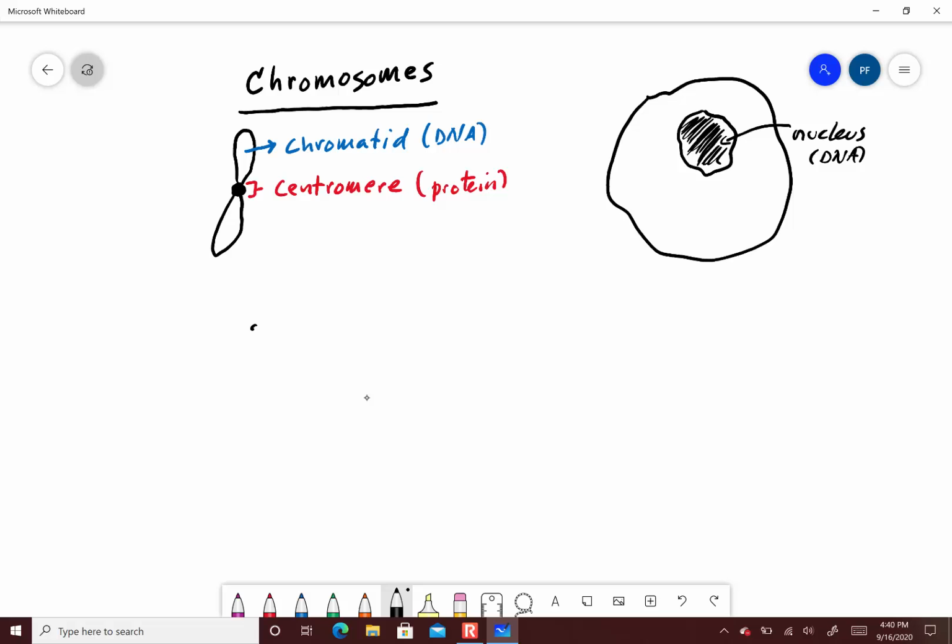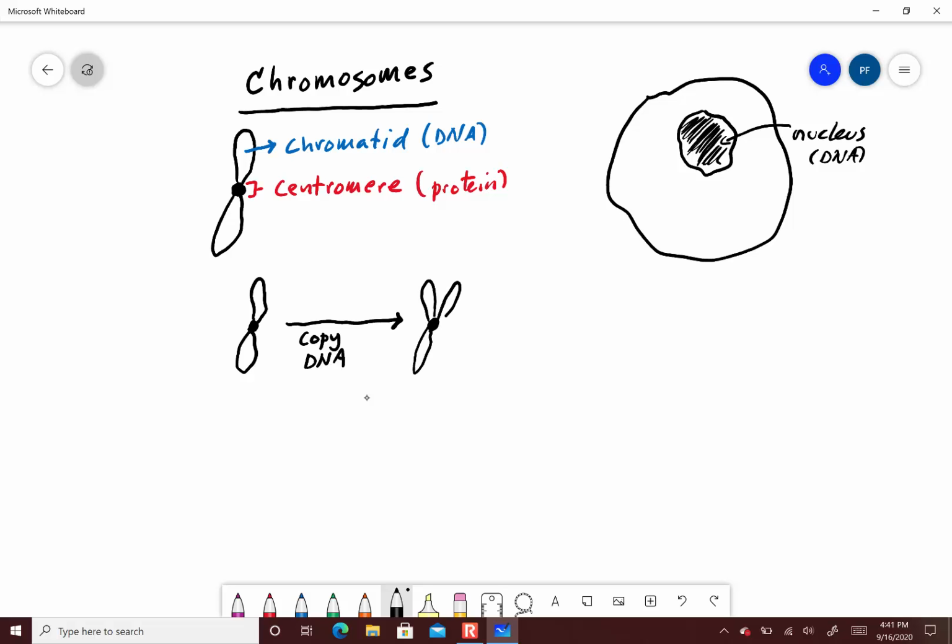Right, and then I want to show you real quick, because in cell division we're going to look at a step where we copy DNA. So very simply, from what I showed you with the above picture, we had two parts, a centromere and a chromatid. One's DNA and one is not. So looking back to that, if I tell you we're going to copy the DNA, then what we really need to copy is the chromatid. So a chromosome, after we copy DNA, is going to look like this.